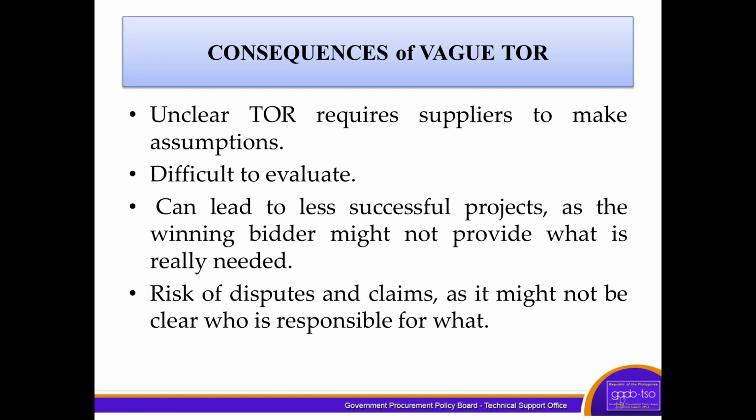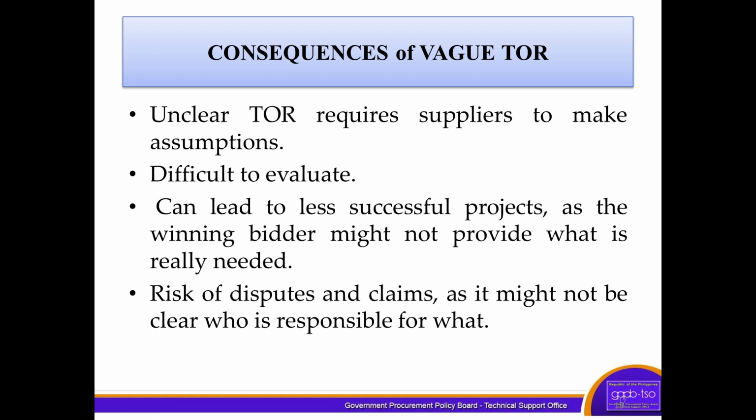So what would be the consequences of a vague TOR? Unclear terms of reference require suppliers to make assumptions. Therefore, if there are assumptions, there will be room for misdirection. That is one.